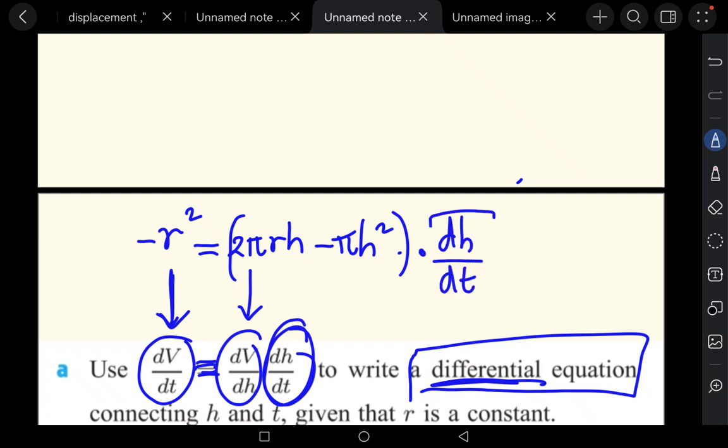Why? Because this is not given yet. So this is going to be the differential equation.